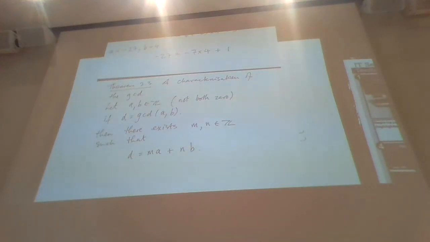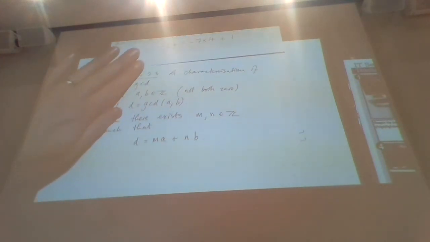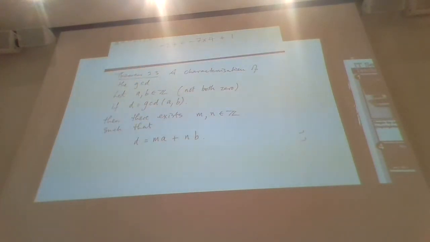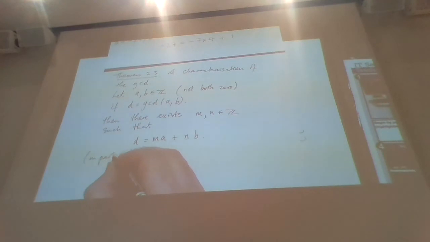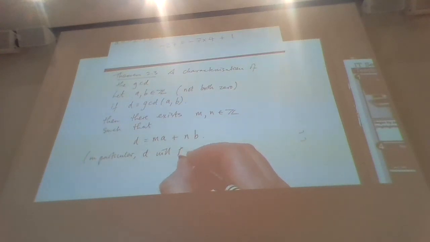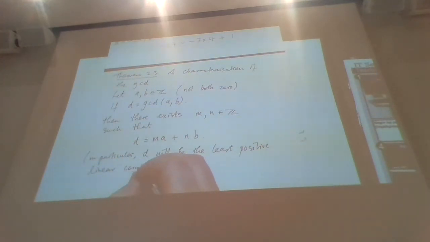In other words, it's a linear combination of A and B. In particular, D will be the least positive linear combination. The smallest positive number that you can achieve as a linear combination of A and B.